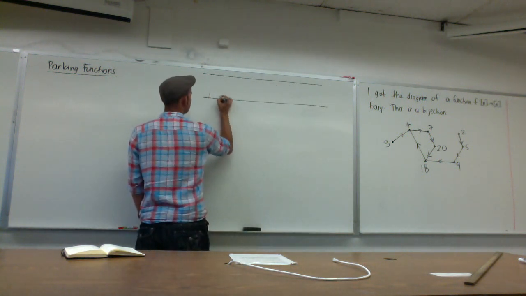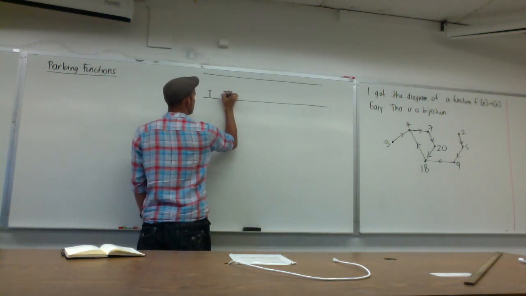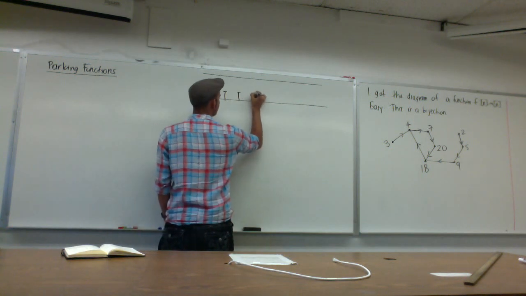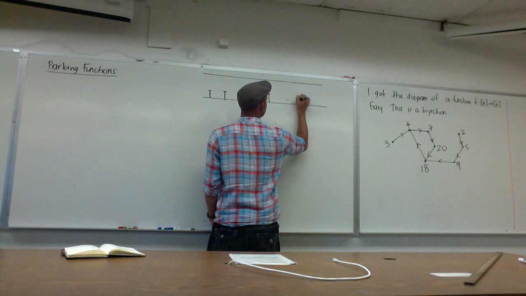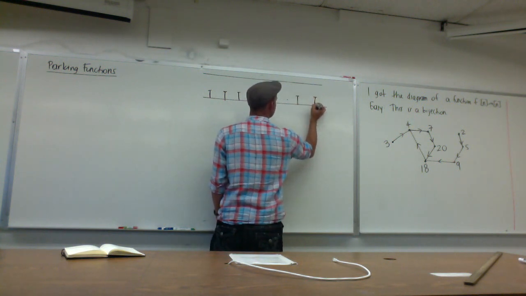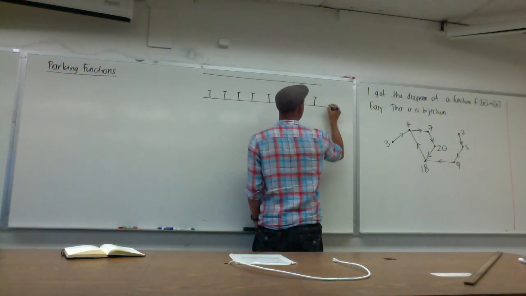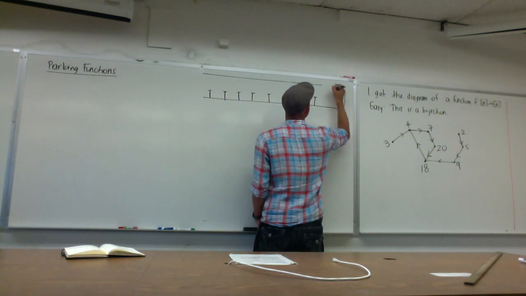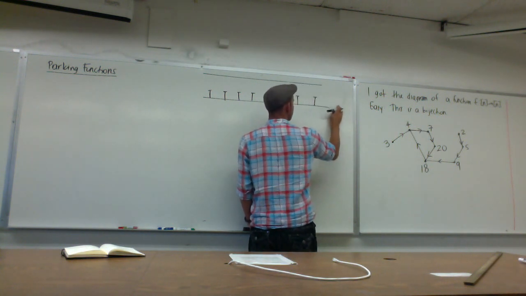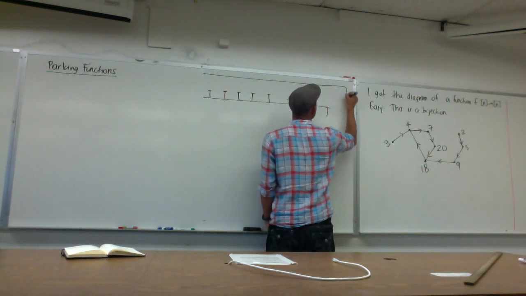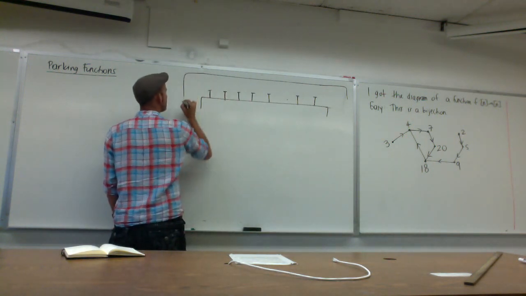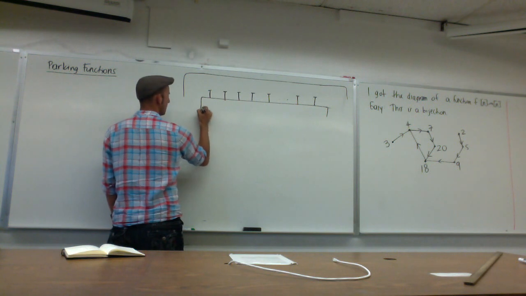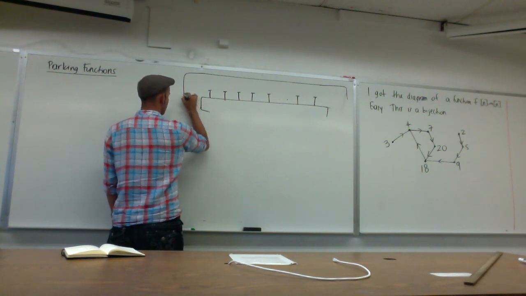You have a bunch of parking spots. There's 1 parking spot, 2 parking spots, 3 parking spots, and that's it. The road's over. Maybe let's make it curve over here. Okay, so the cars are maybe coming in here.